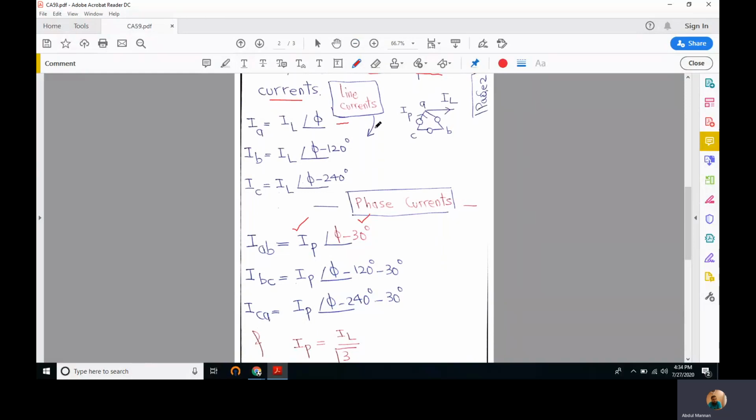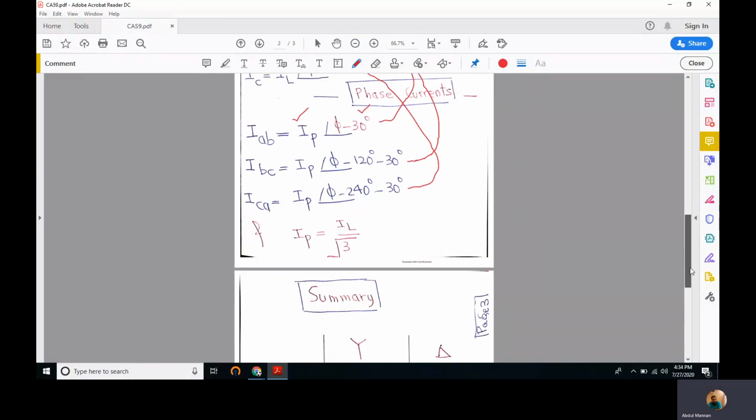So the counterpart of IA is IAB, which is 30 degrees lagging. IBC is also 30 degrees lagging compared to IB, and this final current ICA, the phase current, is 30 degrees lagging compared to IC. And we have already studied that all line quantities are root 3 times the phase quantities, or the phase quantity is the line quantity divided by square root of 3.